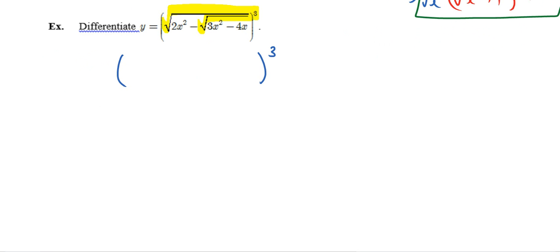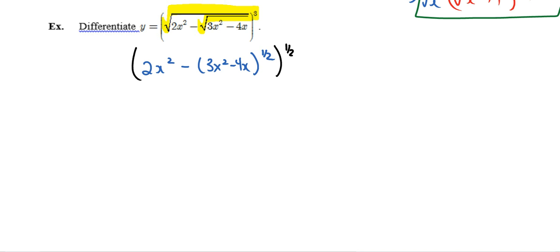So let me just write this 2x squared minus bracket 3x squared minus 4x. Sorry, let me just delete this. This is going to be all to the power of 1/2. And then the whole thing will be raised to the power of 1/2. And then finally the whole thing is being cubed.